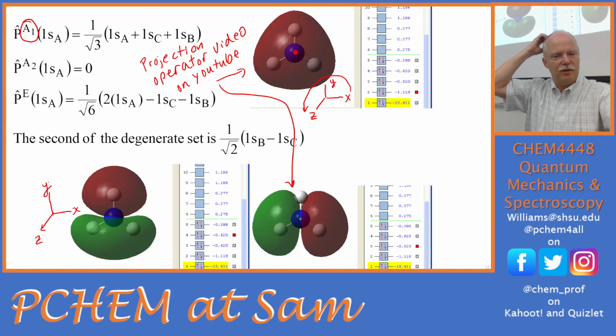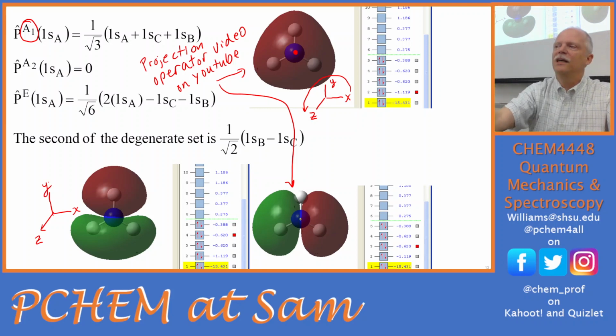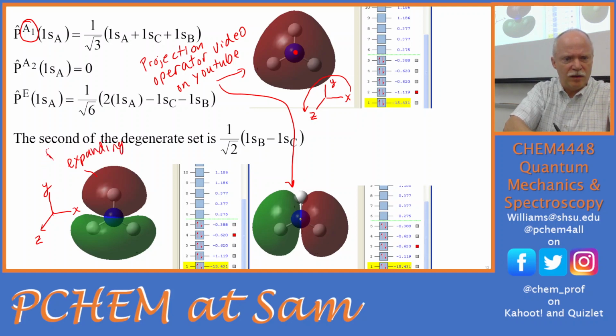And these orbitals, you can think of them as oscillations of the electron cloud. And so let's just say that red is expanding and green equals contracting.